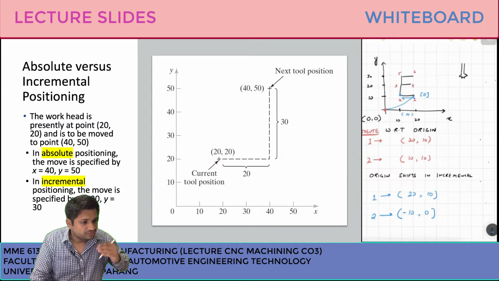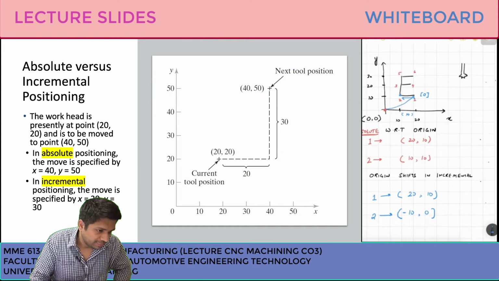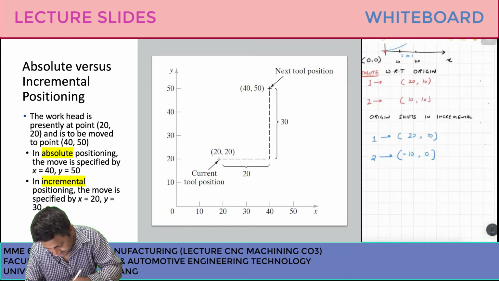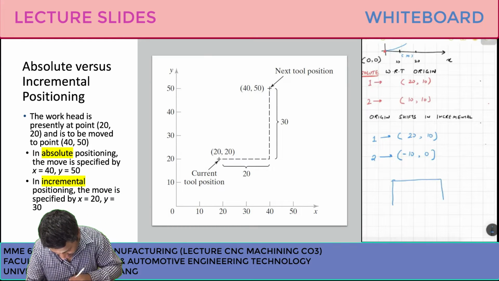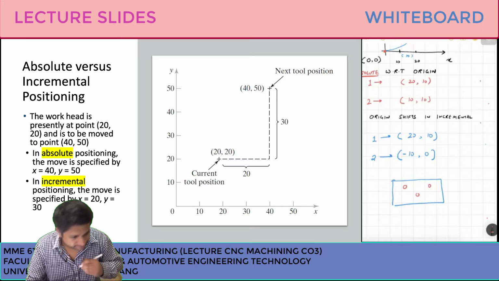Your origin moves from point 1 to point 2 to point 3 to point 4, etc. So for drilling operations, when you are moving quickly, let's say you have got a plate. In this plate you need to drill holes.